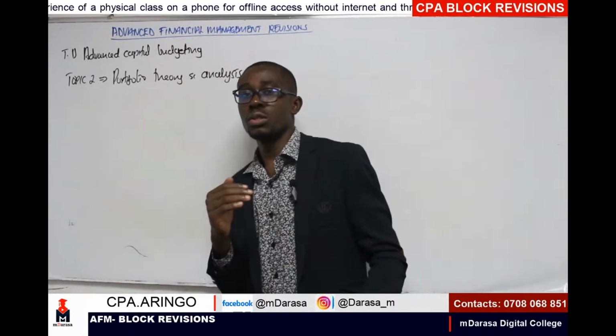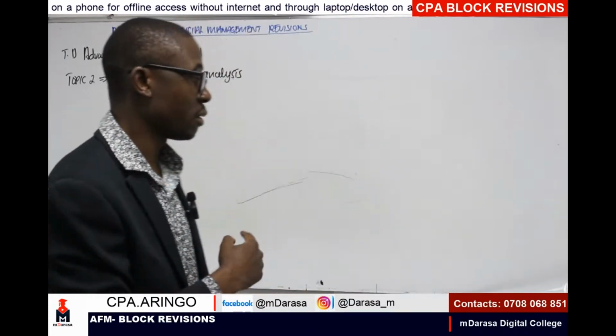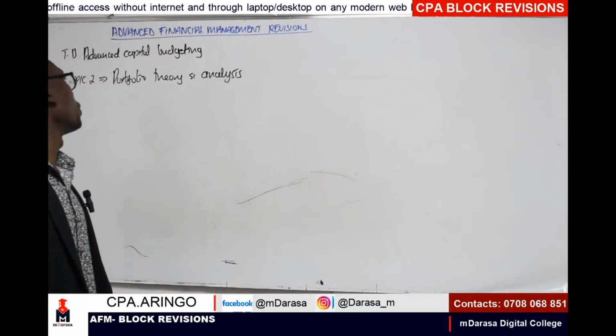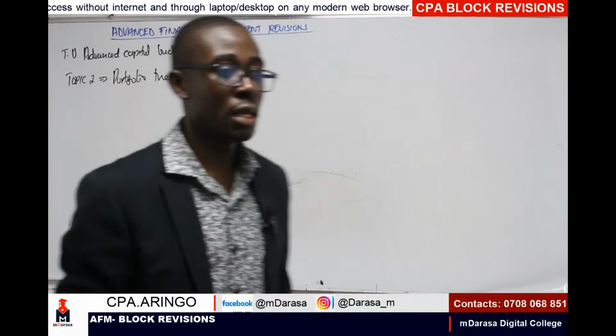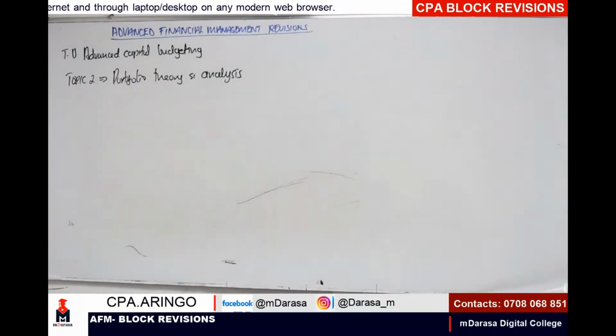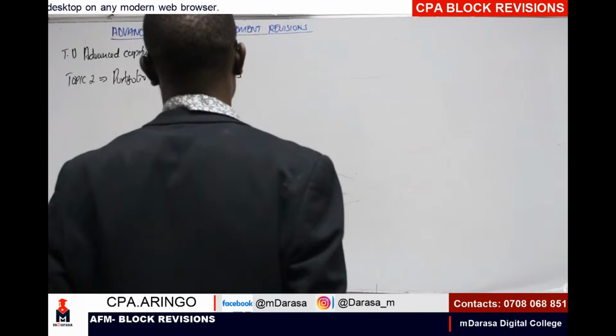Remember the concept that you did at your basic level. At least you should have that knowledge for you to apply the concept here very accurately. Portfolio management is very key for the purpose of your exams, and also for understanding the whole concept of advanced financial management, all of it.